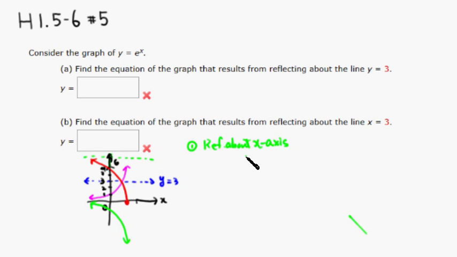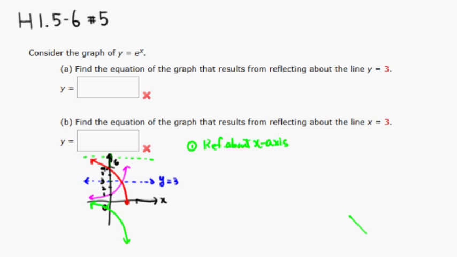Then you need to shift it up by 1, 2, 3, 4, 5, 6 notches to get up there.